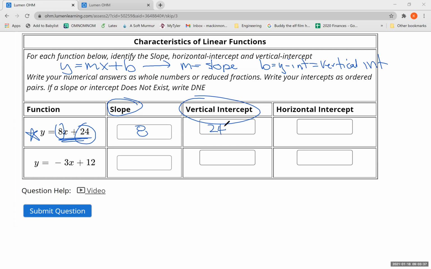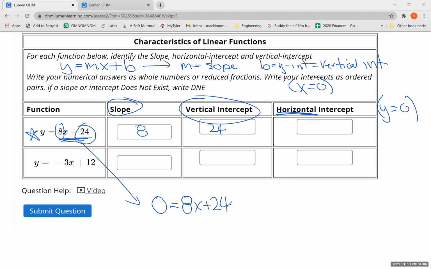There you go. Now, what's going on with a horizontal intercept? It's a vertical intercept when x equals 0. So I have a horizontal intercept when y equals 0. For this particular equation, if y equals 0, I get 0 equals 8x plus 24.